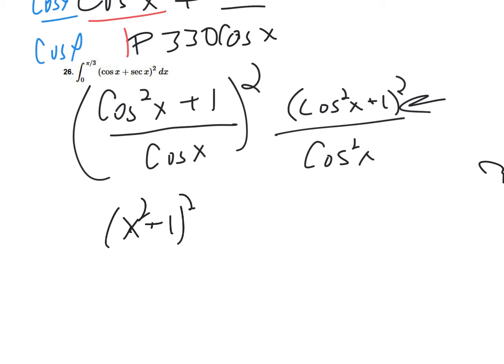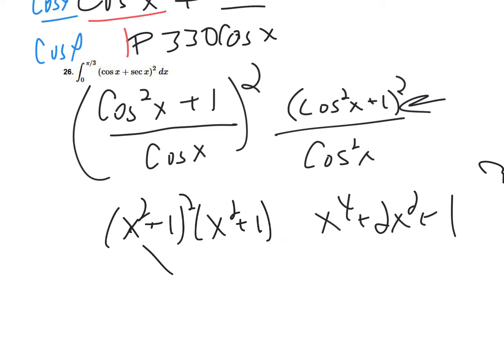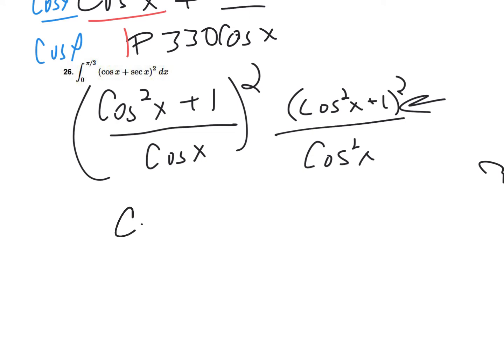If I'm squaring this, that's the same as x squared plus 1 times x squared plus 1. So x to the 4th plus 2x squared plus 1, right? Because we get the outside and the inside. We'll do that same thing here, only with a cosine. So that becomes cosine to the 4th x plus 2 cosine squared x plus 1.